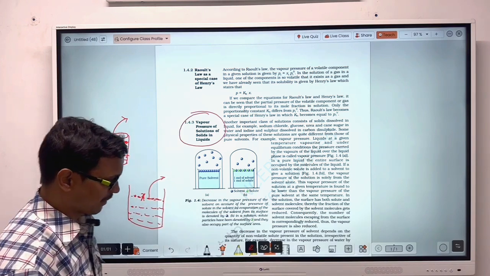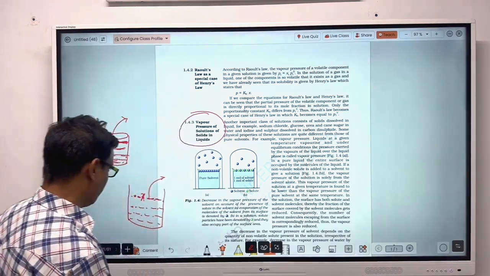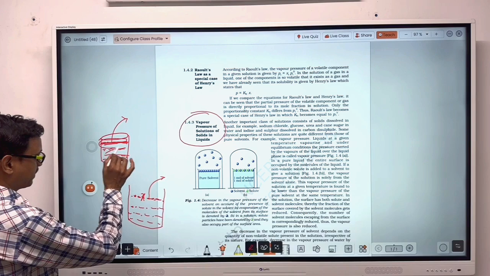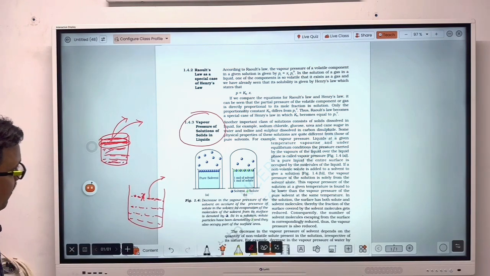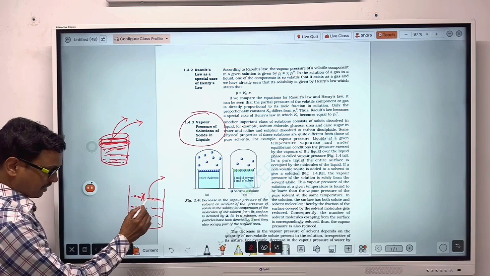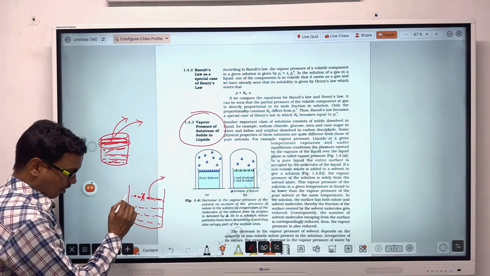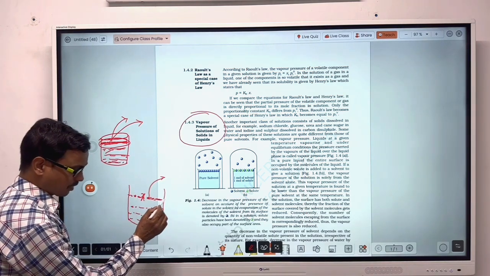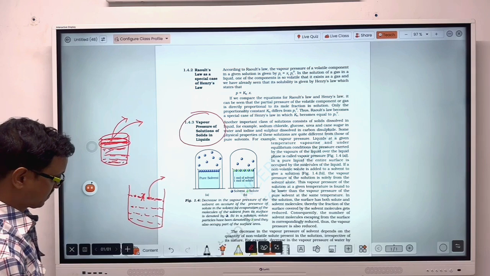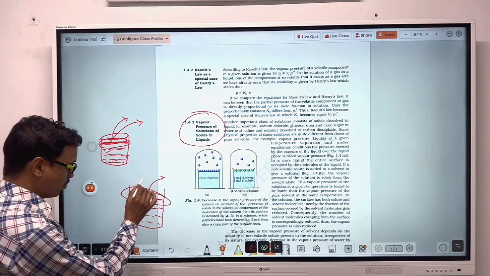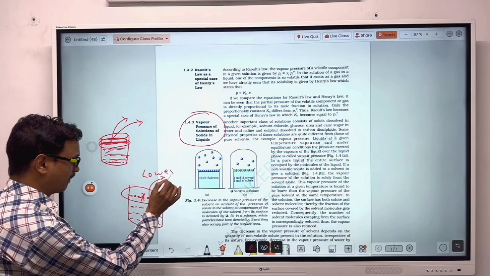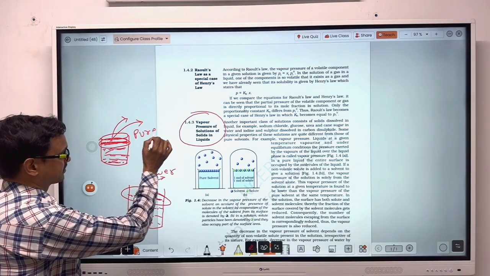So in the pure liquid, more and more particles could undergo the vapor phase, but in the solution not all the particles will. So the vapor pressure of the solution will be lower than that of the pure liquid.